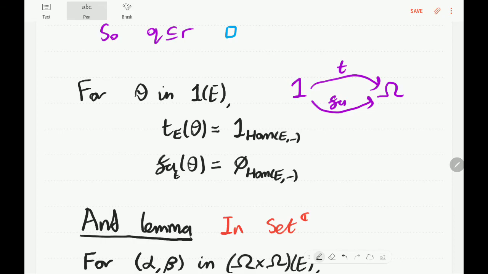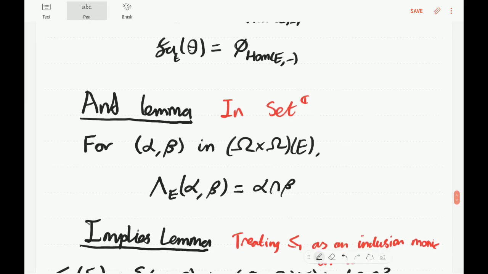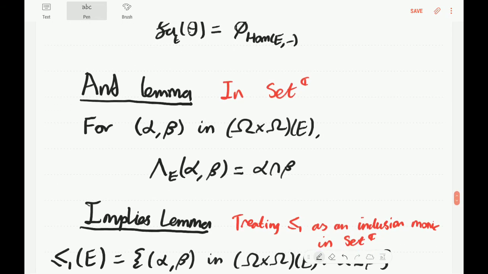But this interesting relationship goes much deeper, and we can also think about how the other logical operations work. So we also have this thing I call the AND lemma, which says, in Set to the power of C, suppose we have an E-type element of omega times omega, so it's a pair, alpha comma beta, in this set, omega times omega of E. Well then, what happens to this when we do the E-th component of AND on such a pair?